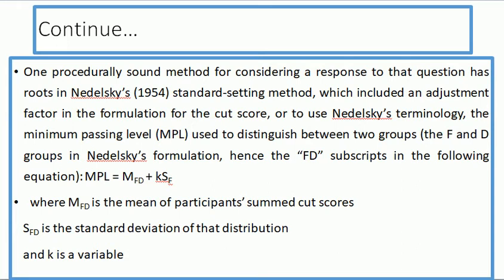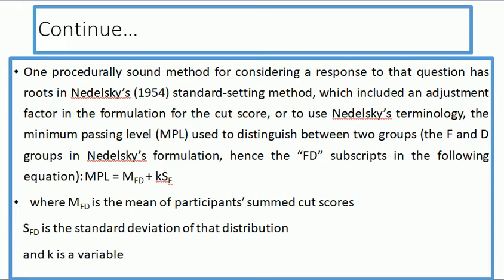The minimum passing level is used to distinguish between two groups, F and D.